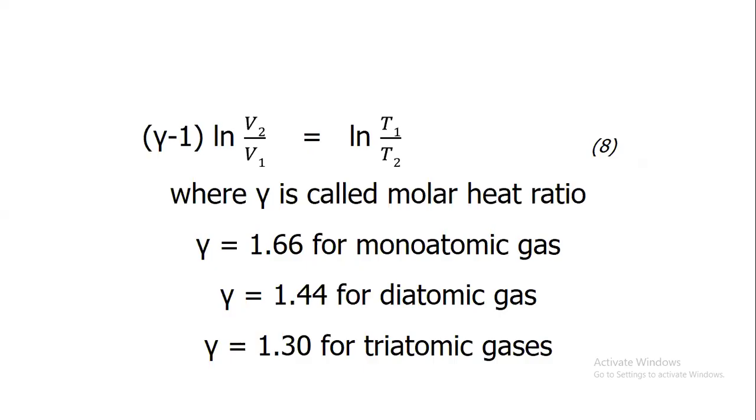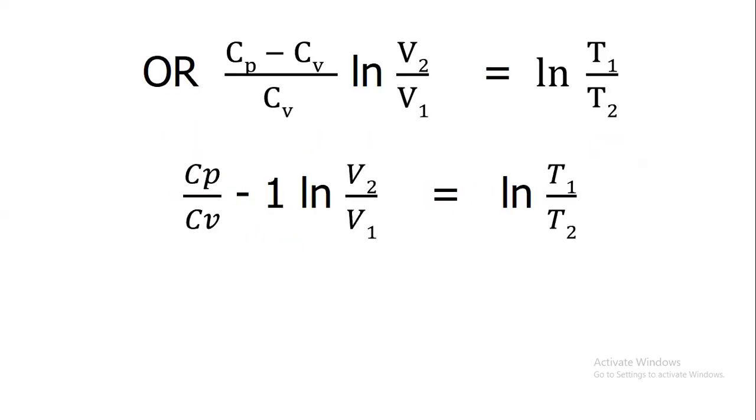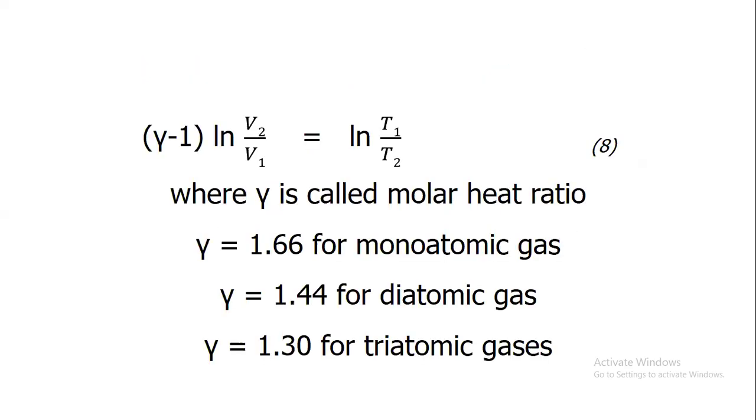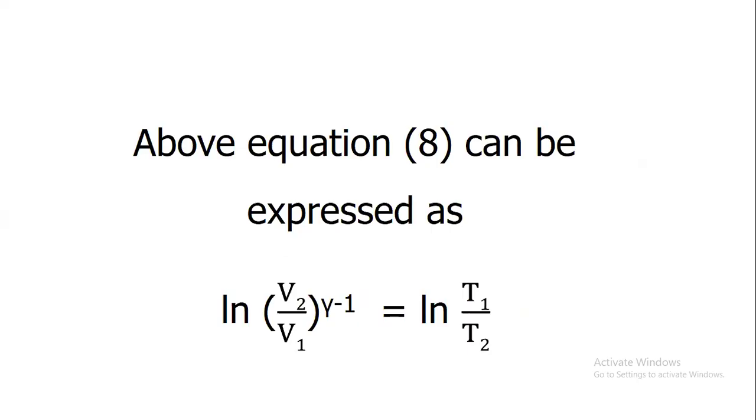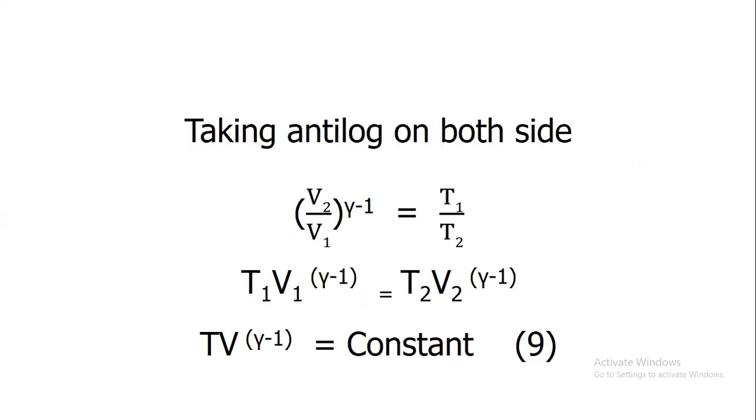Gamma is Cp over Cv, so gamma minus 1, ln V2 over V1 equal to ln T1 over T2, where gamma is called the molar heat ratio: gamma equal to 1.66 for monoatomic gas, 1.44 for diatomic gas, and 1.30 for triatomic gases. Above equation 8 can be expressed as ln V2 over V1 to the power gamma minus 1 equal to ln T1 over T2.